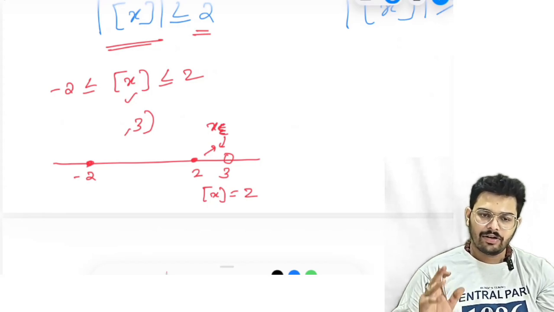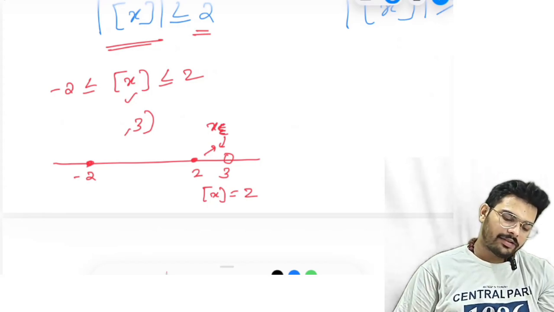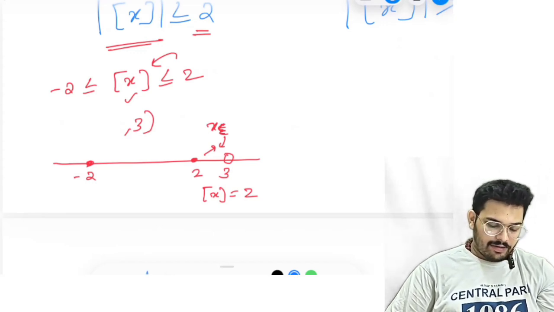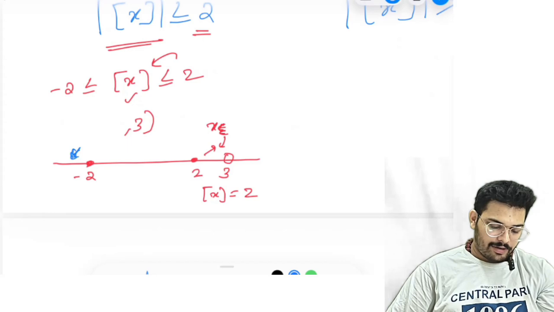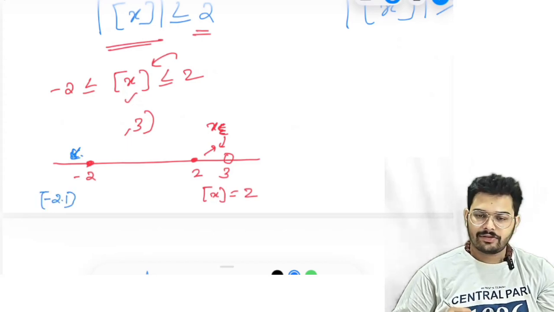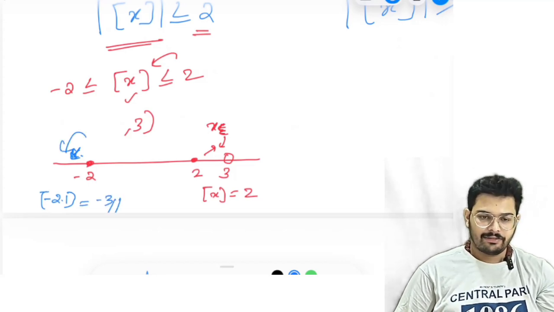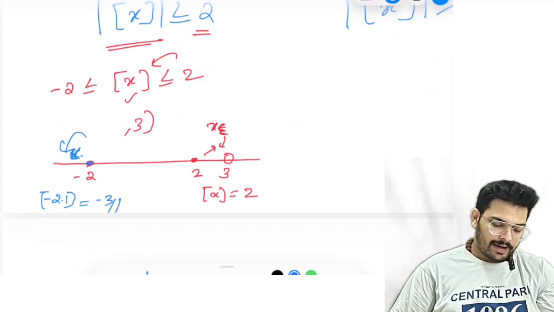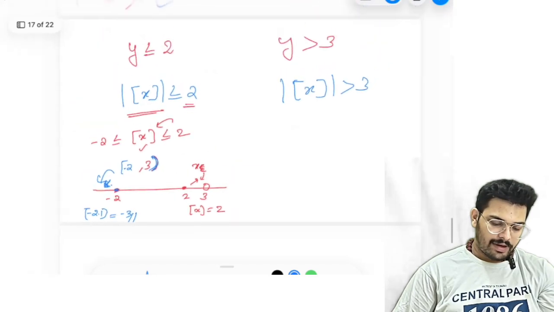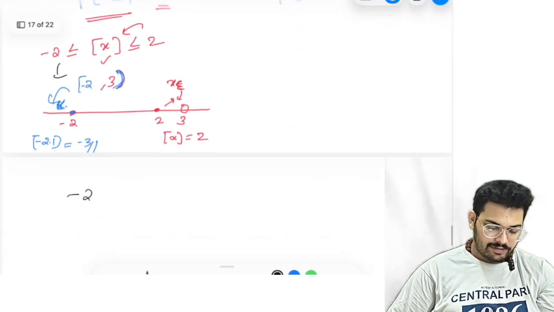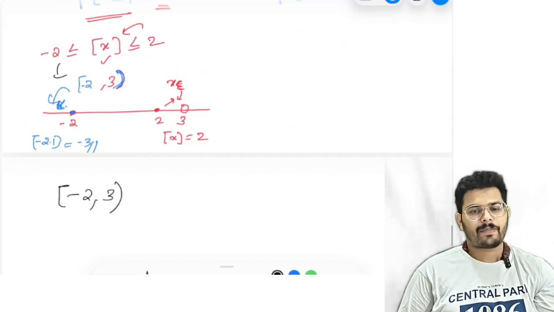Box of 3 will be equal to 3, and it's already given that box of x should be less than or equal to 2. Now if you take a value beyond minus 2, suppose minus 2.1, then this box value will become minus 3 because it always goes to the next integer. In that sense, we can give till minus 2, and here it will be open and here it will be closed. So the solution of this part will be minus 2 closed, comma 3 open.